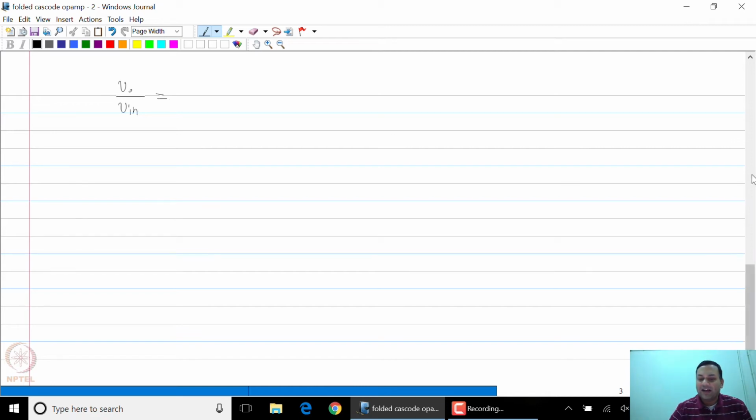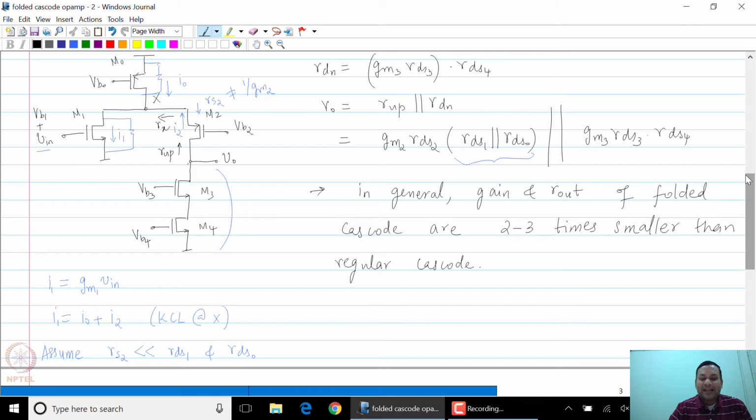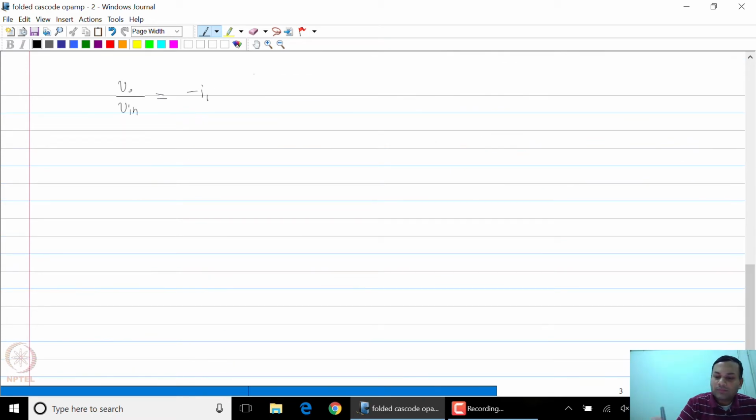So the output voltage is minus I1 times R out, which is minus GM1 R out times V in. So V0 by V in, which is the small signal gain of the circuit, is minus GM1 times R out.